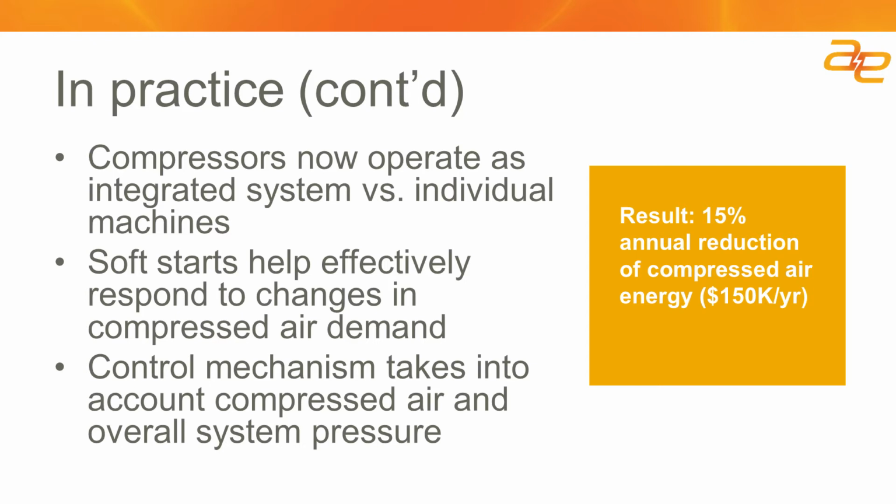Now, they're left with a tool that allows them to continue to assess the efficient operation of the compressed air system. And as the plant expands or contracts, they can make modifications so they can ensure that their energy intensity is in line with their energy expense for compressed air.